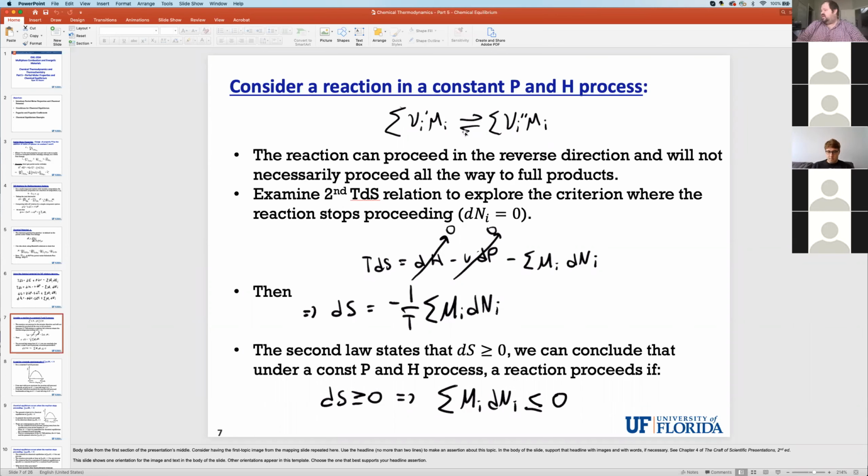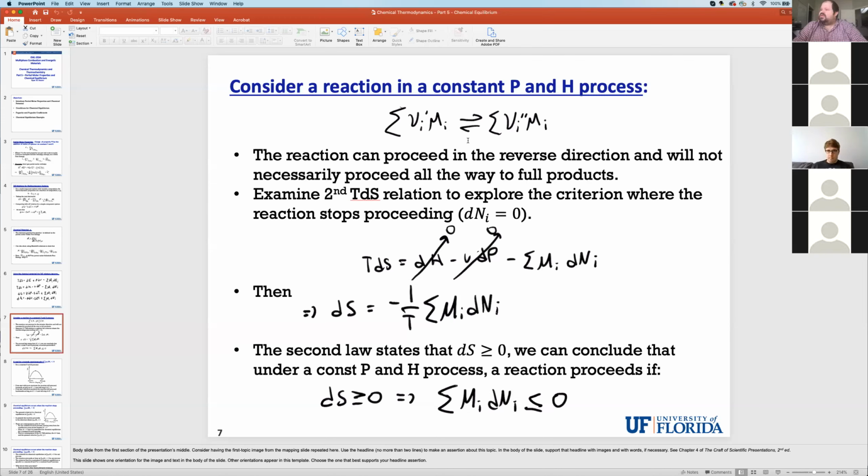Because it is allowed to go backwards, even if you start at the full reactants, it may not go all the way to the full product state. The chemical reaction might stop naturally by itself somewhere halfway between the reactants and products. And if you start the reaction at full products, the chemical reaction can actually go backwards.